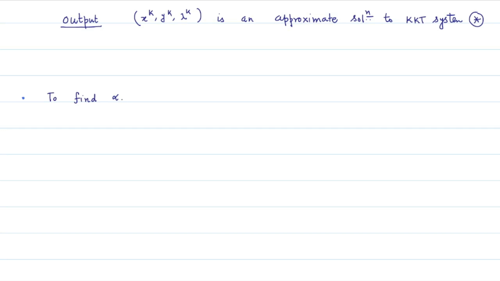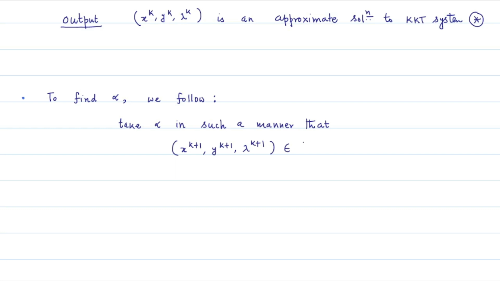To find the value of alpha, we follow this process: take alpha in such a manner that the point xk plus 1, yk plus 1, lambda k plus 1 belongs to a neighborhood of the central path.